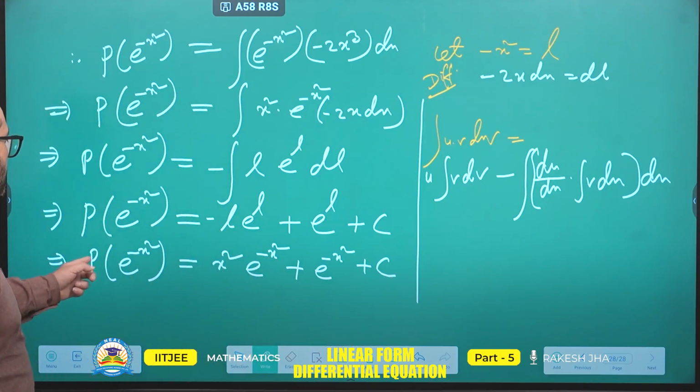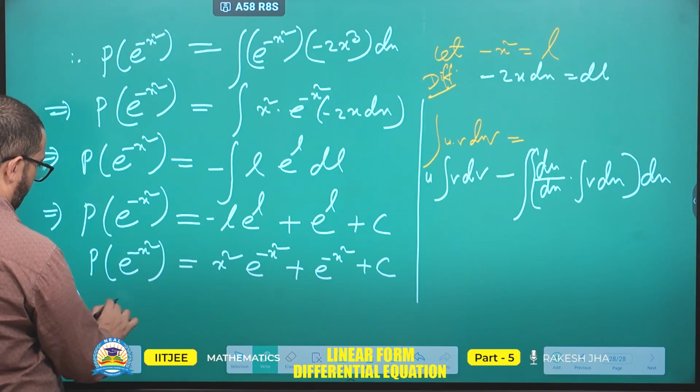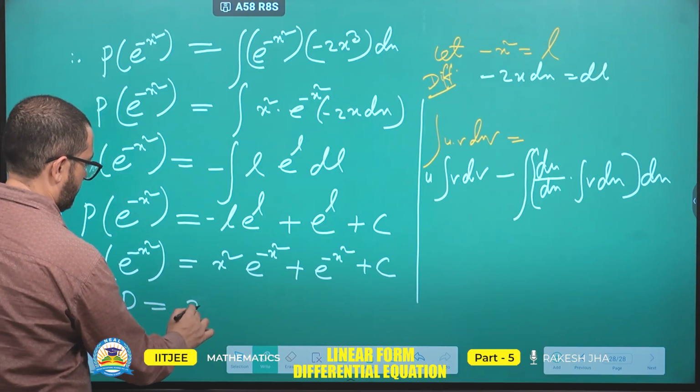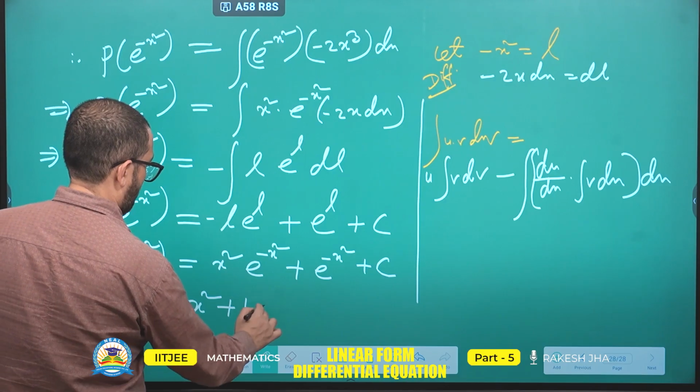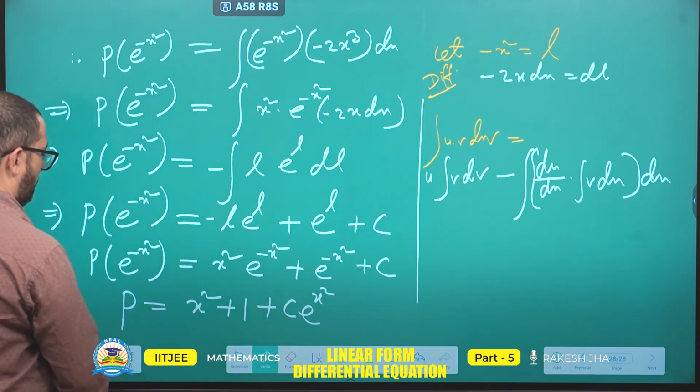Now we can cancel e raised to the power x square on both sides, so here it will be p is equal to x square plus 1 plus c times e raised to the power x square.